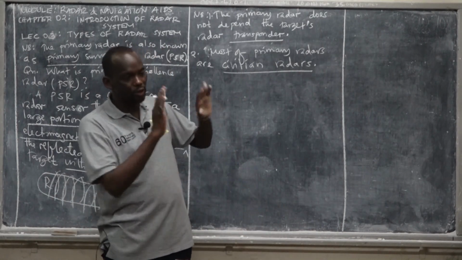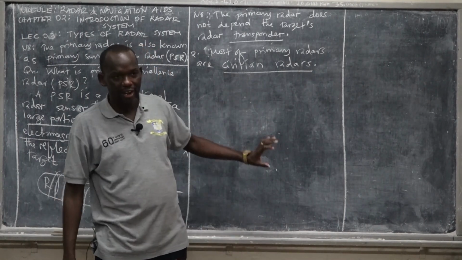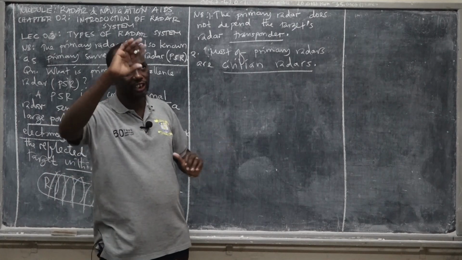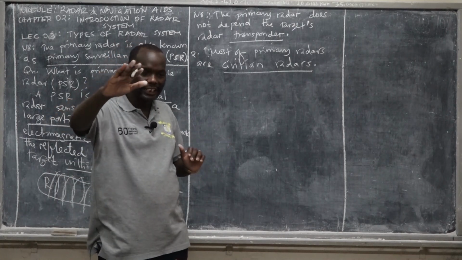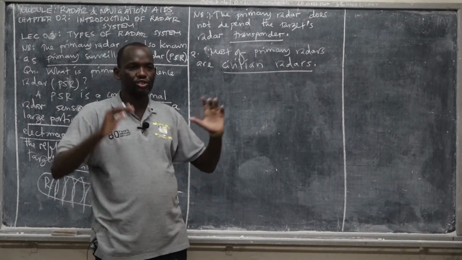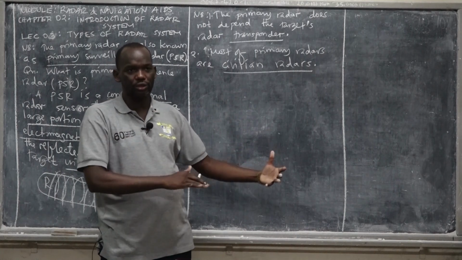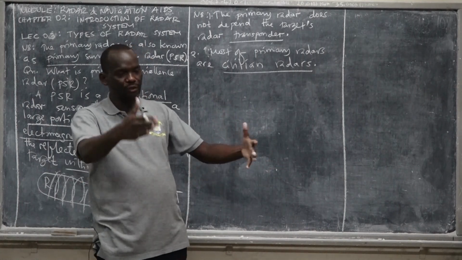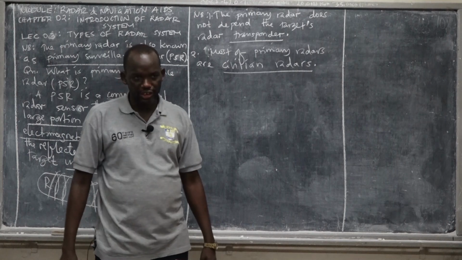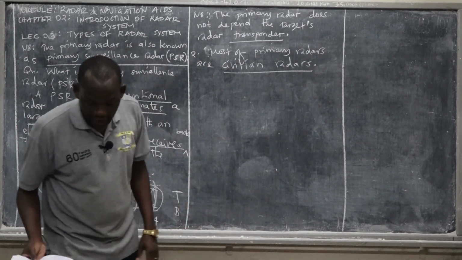The radar located at JNIA is the one detecting the incoming Air Tanzania aircraft, giving information to the pilot, and providing the report that Air Tanzania is moving from Dodoma to JNIA. Are we together, class?